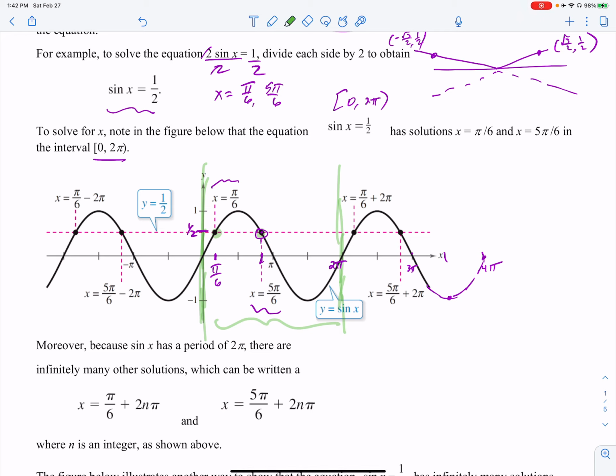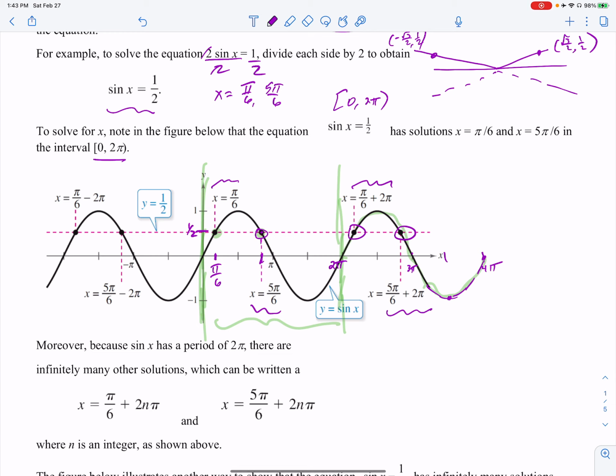So right in here, that's a second period of sine from 2 pi to 4 pi, and it hits 1/2 here and here, which is that pi/6 plus 2 pi and 5 pi/6 plus 2 pi.